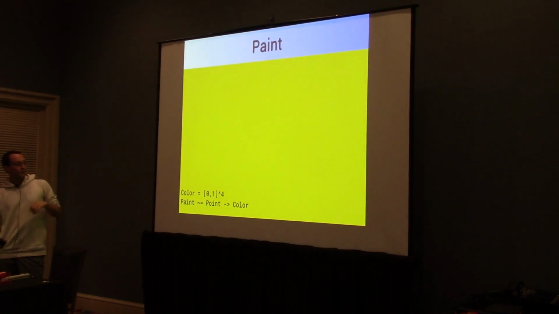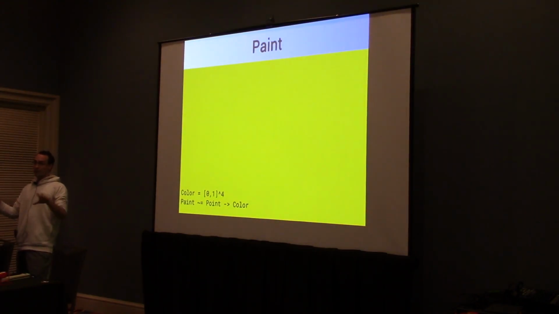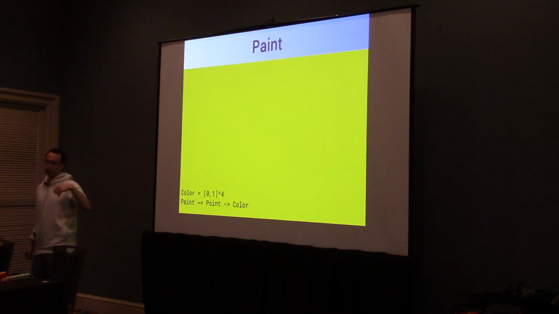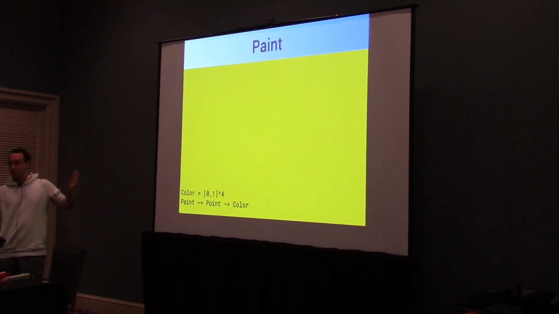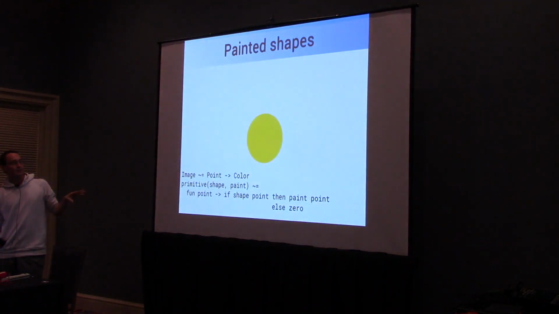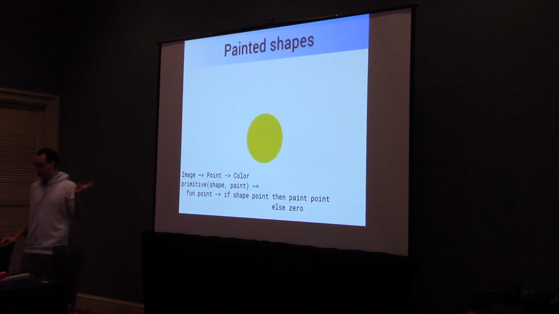And if to the shapes you add a paint, so paints are infinite images, it's a function from a point on the plane to colors, and colors are 4 values in the unit interval. So it's for the red component, the green component, the blue component, and finally for transparency.